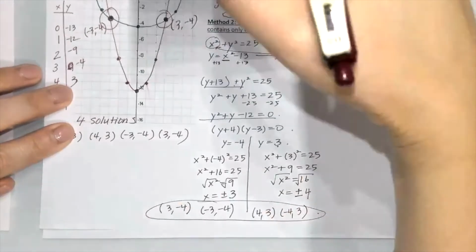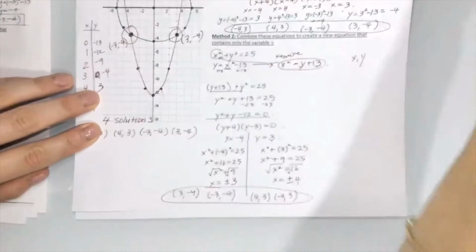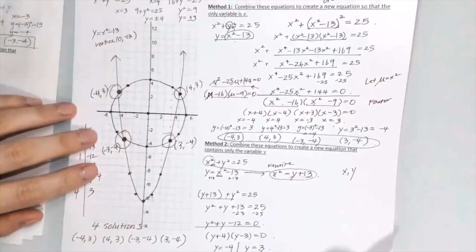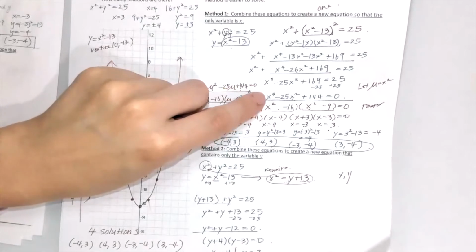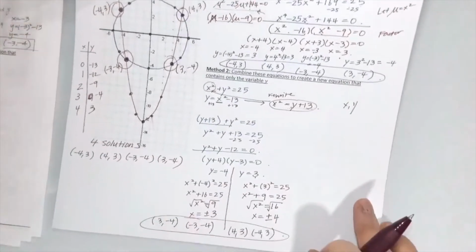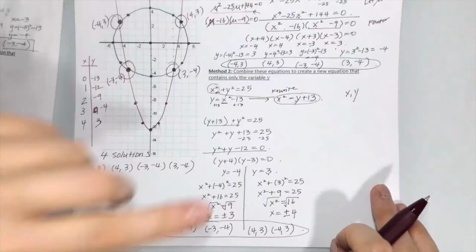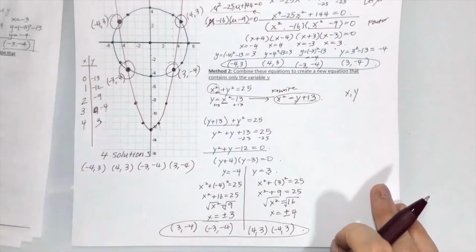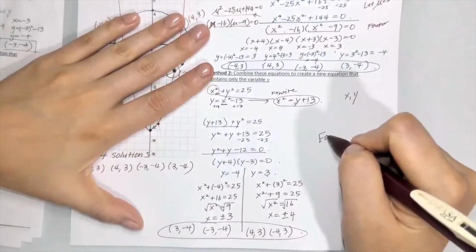So ask yourself, which one do you think is easier? Would you rather solve an equation with x to the 4th and do all this? Or would you rather solve an equation with y squared? I definitely think this is easier.